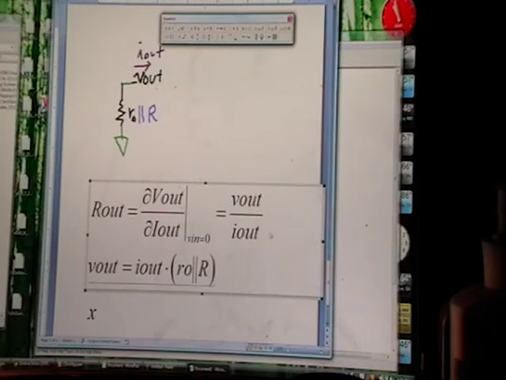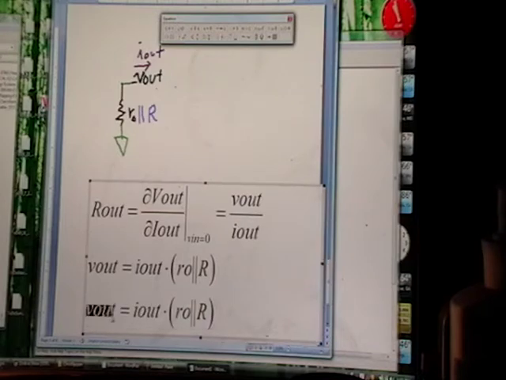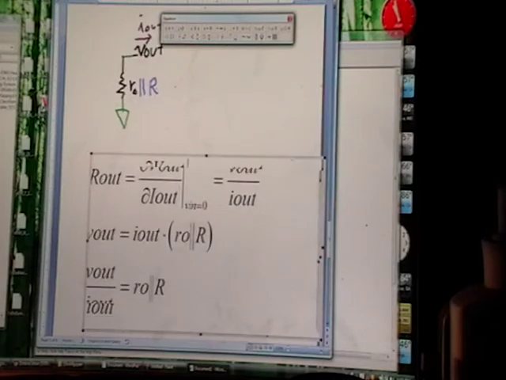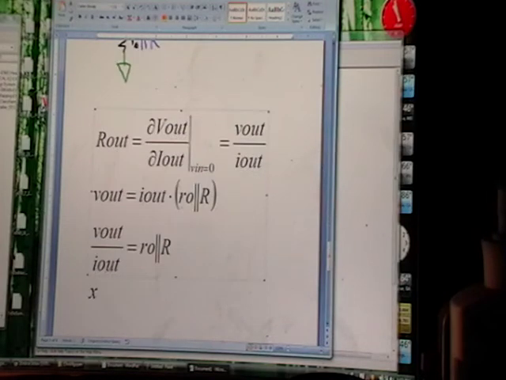Okay, that's not quite what we want. We want V out over I out. So if you divide both sides by I out, then you get this, and then we know that R out equals V out over I out, and here we have V out over I out equals RO, so that's your equation for V out over I out.